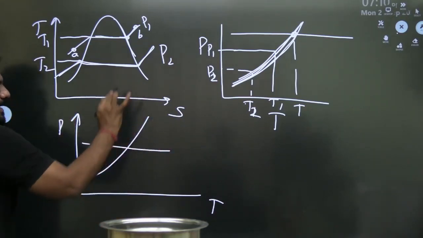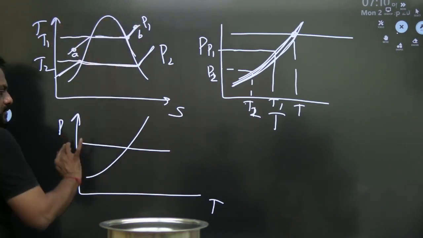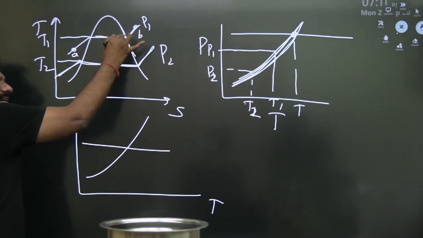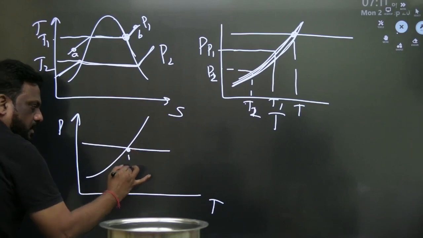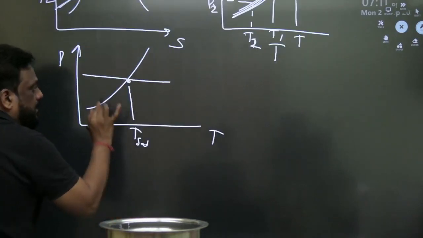The same line from the TS diagram I am showing on the PT diagram, and where constant pressure cuts saturation, we call it the saturation temperature. Very good. This is the saturation temperature for this particular pressure.